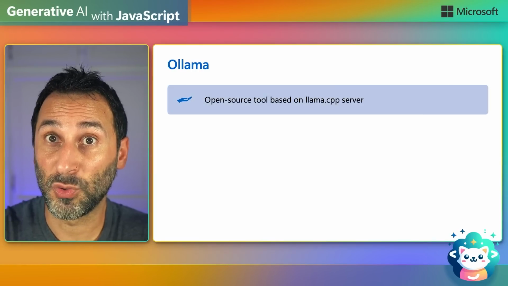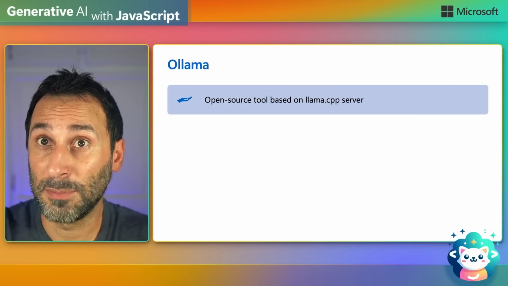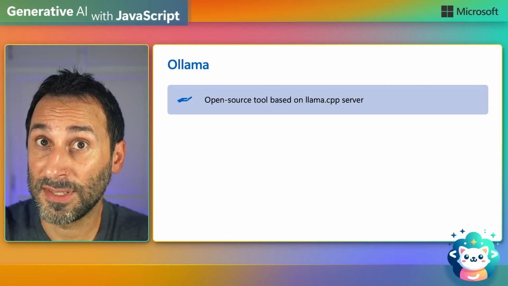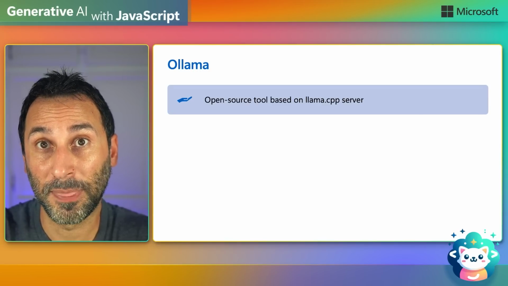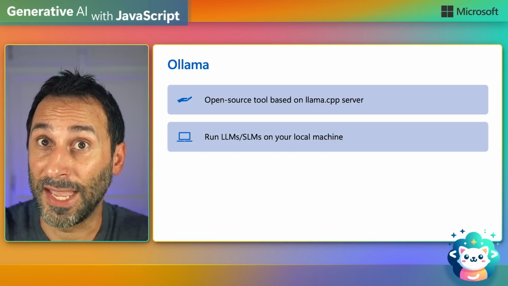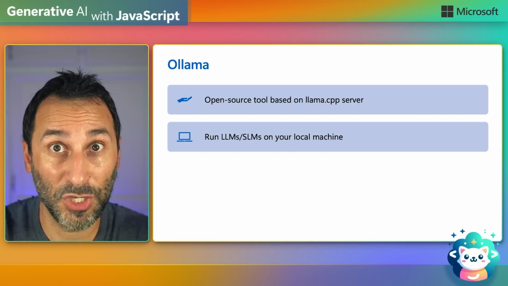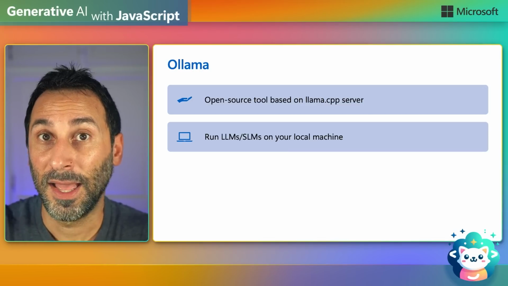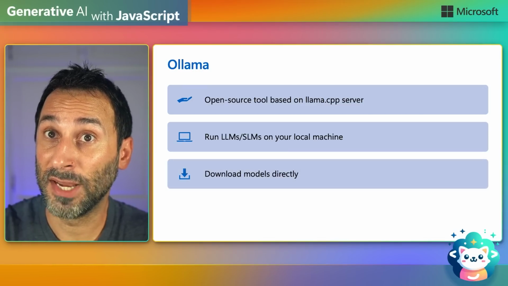So what's Ollama? Ollama is an open source tool that uses the llama.cpp server under the hood, which is one of the most active inference servers in the open source community. It allows you to run SLMs and LLMs on your local machine and is optimized for both CPUs and GPUs. You can use it to download models directly.